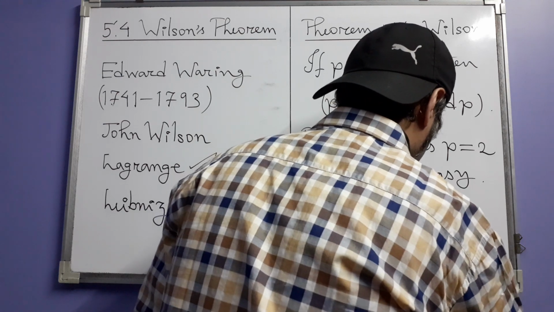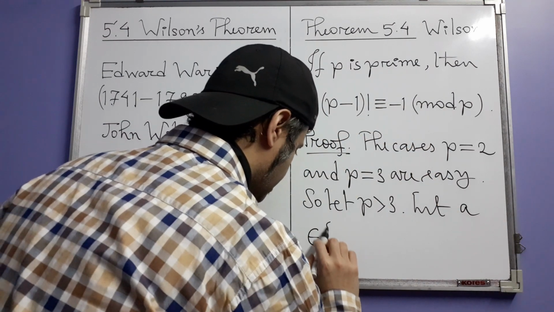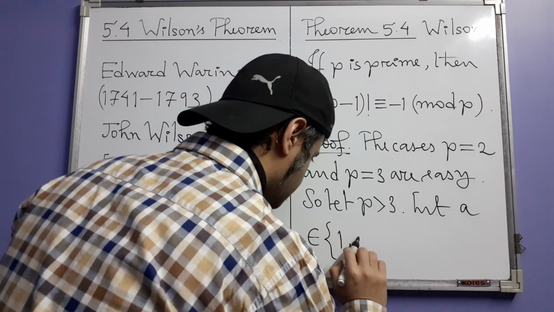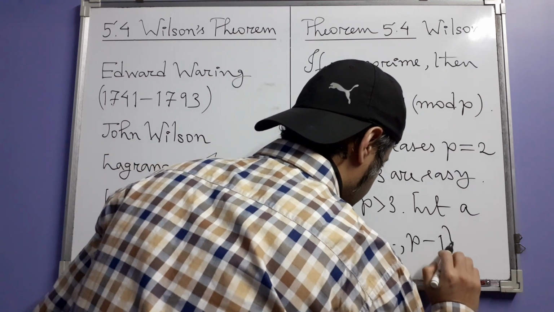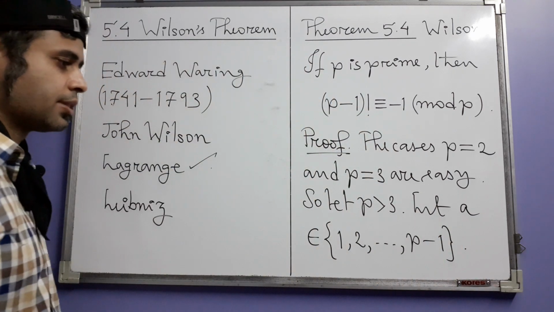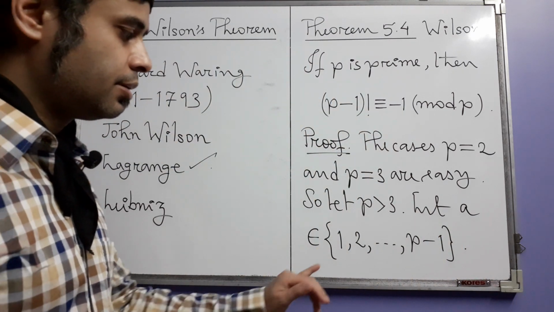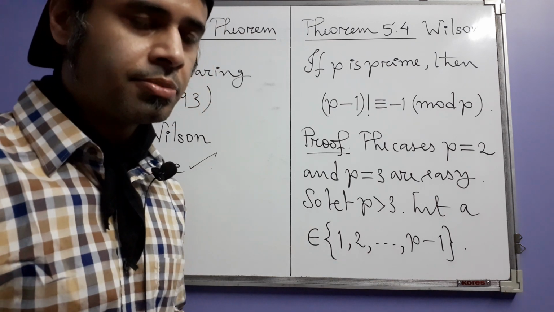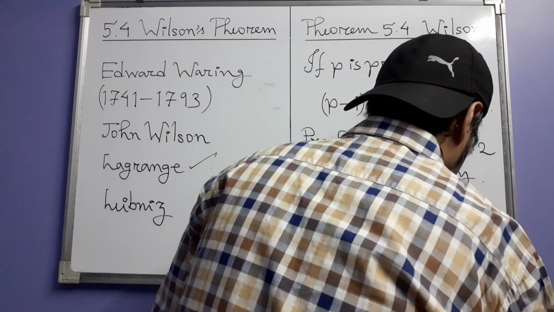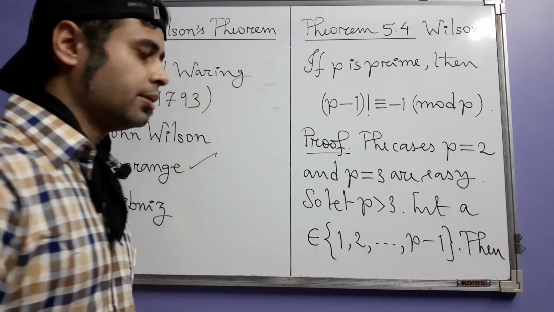Now let A be an integer in this set, the set of all positive integers less than or equal to P minus 1. Then A is co-prime to P, relatively prime to P. Why?